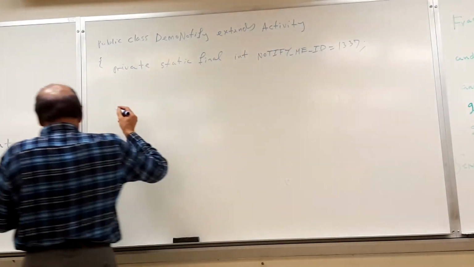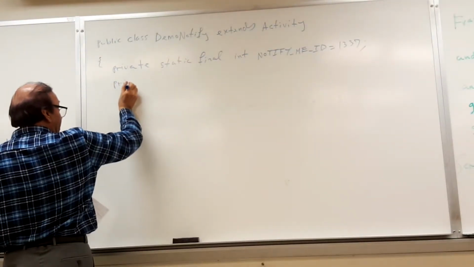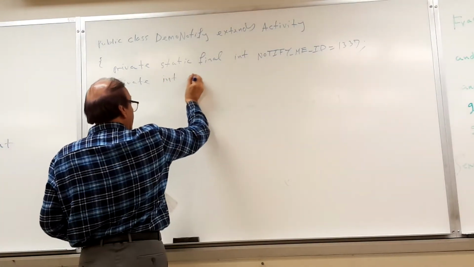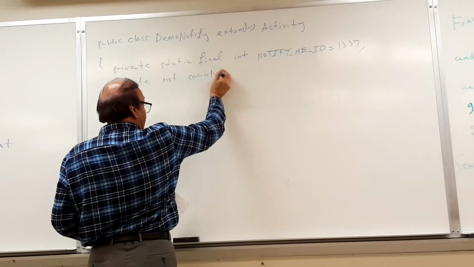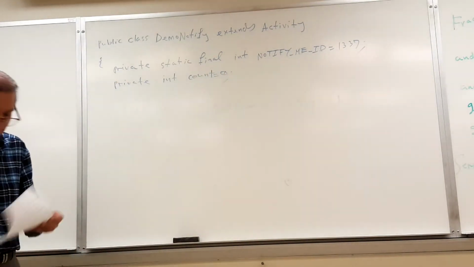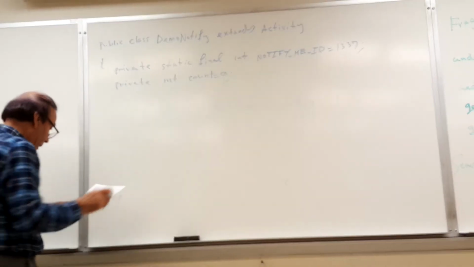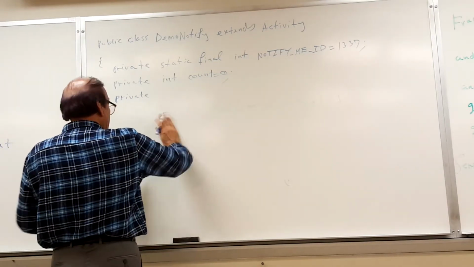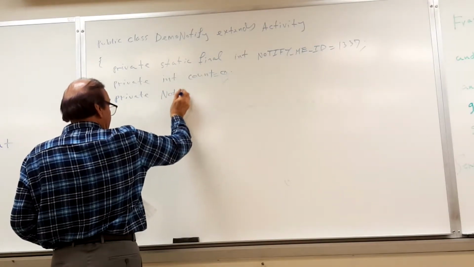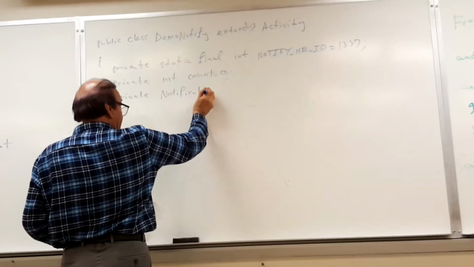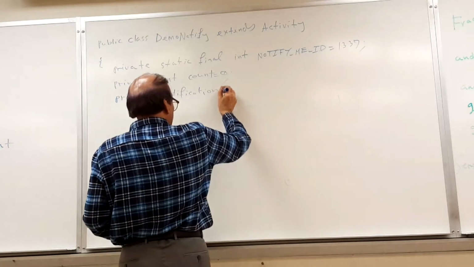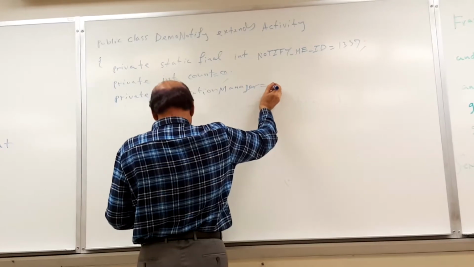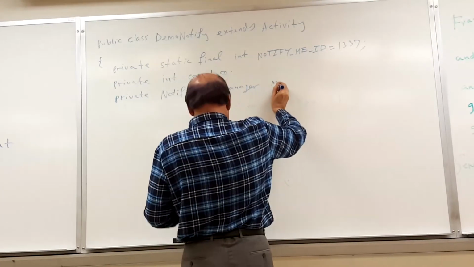So let's make a counter, private integer count equals 0, okay? And let's make private NotificationManager, NMGR.